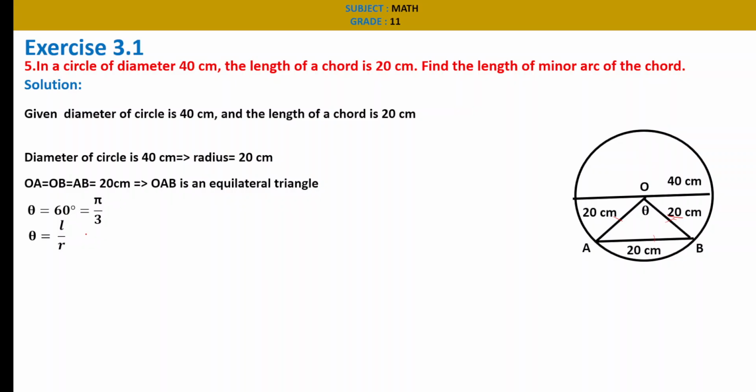Now we know that theta is equal to L by R. So pi by 3 is equal to L by 20, where L is the length of the minor arc and the radius is 20. Cross multiplying, we get L as 20 pi by 3. Therefore, the length of the minor arc of the chord is 20 pi by 3 centimeters.